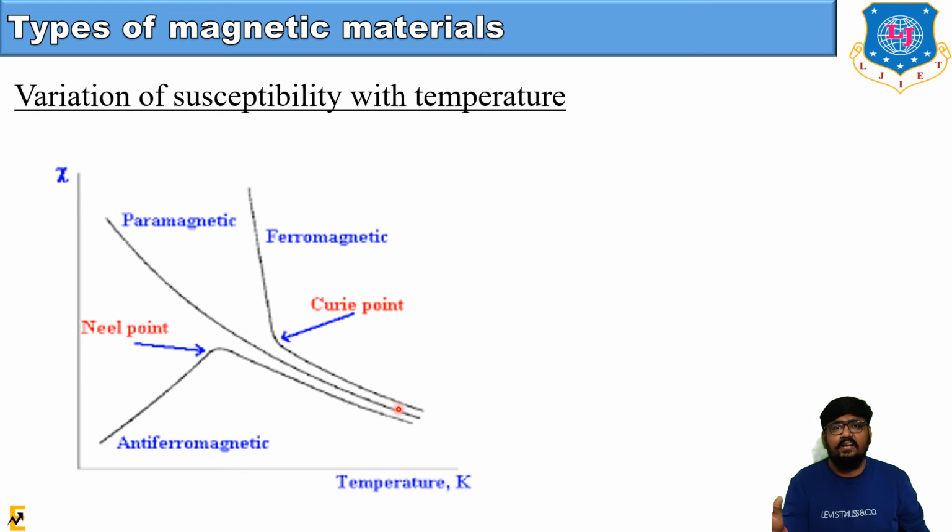Means with a very high change in temperature, there is a low change in susceptibility, but before the Curie point, with a small change in temperature, a high change in susceptibility is observed. So this is the variation of susceptibility with respect to temperature for three materials: paramagnetic, ferromagnetic and anti-ferromagnetic materials.